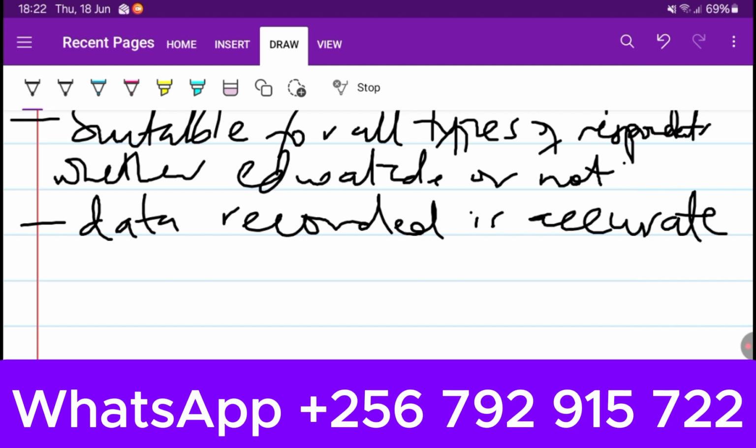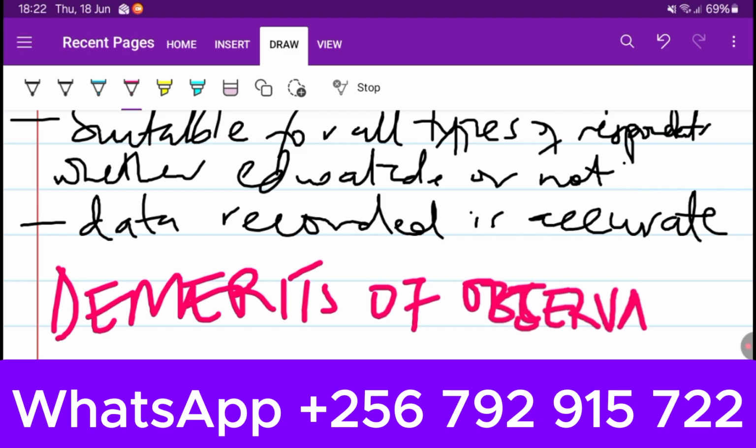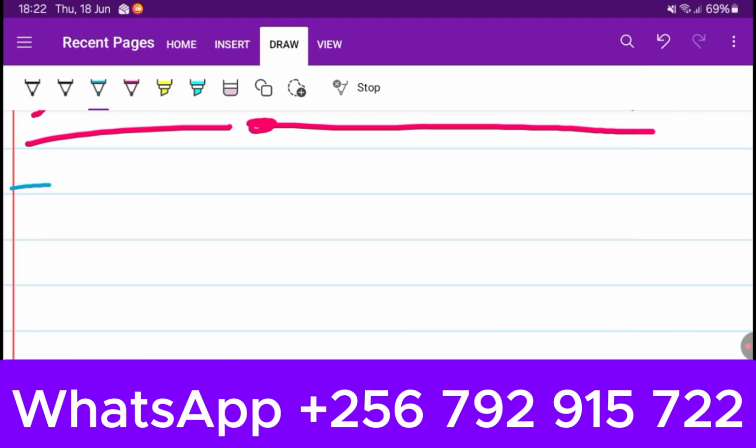So let's look at the demerits or the disadvantages. Demerits of observation as a method of primary data collection. One, the data may be inaccurate and inefficient in case the researcher is inexperienced.